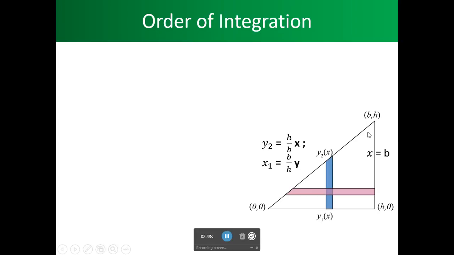Then the same thing, we take a sliver here and run it from y equals 0 to y equals 1, and this will be y1 at this corner where it begins. And this y1 will keep increasing until we reach our height, which is h.